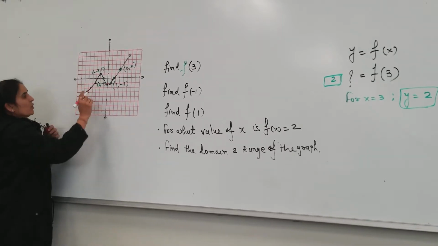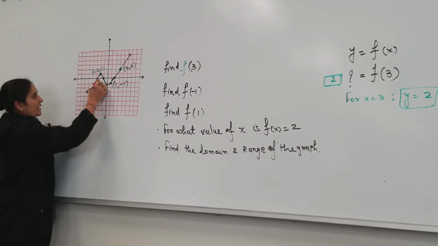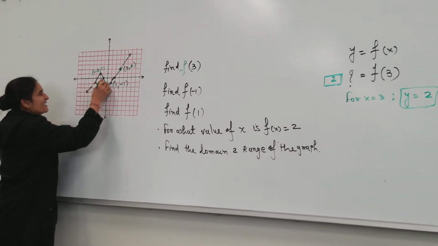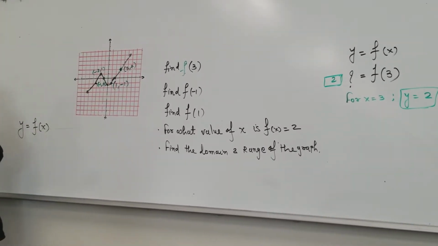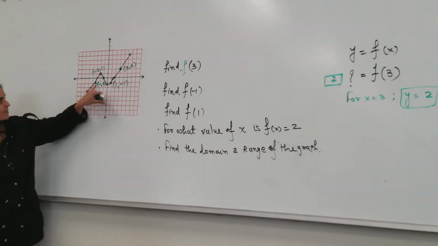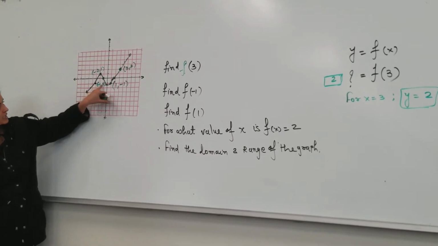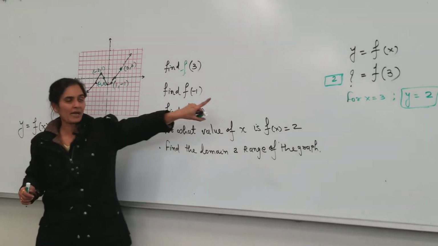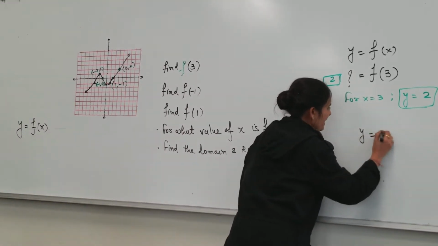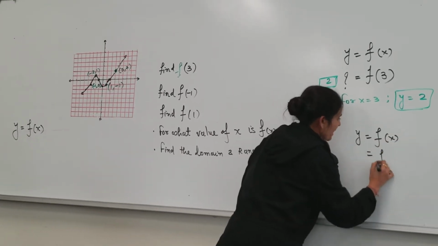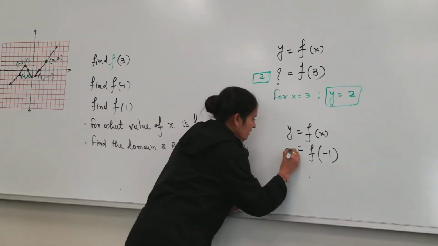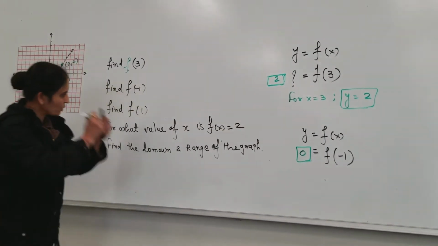So x equals -1, what is my y value? 0. Can you see how easy it is? So we plug it in: y equals f of x equals f of -1, the value of the given function giving me 0. So we're done with that part.